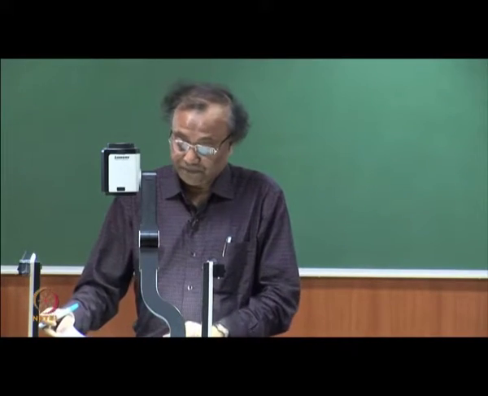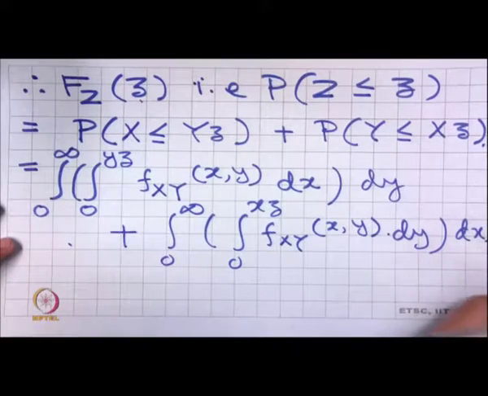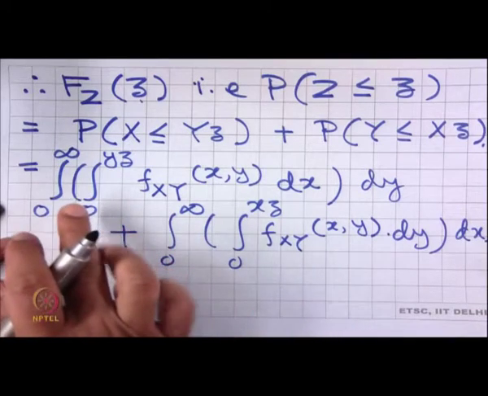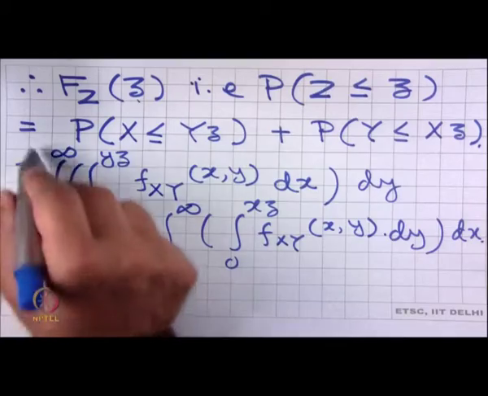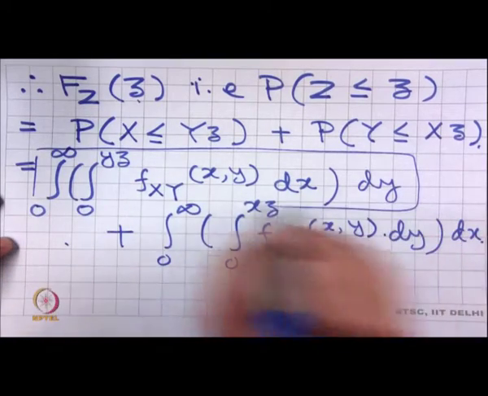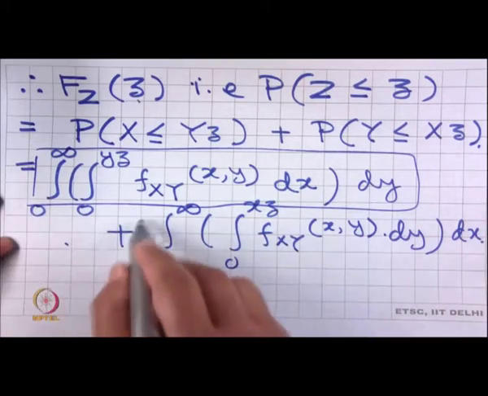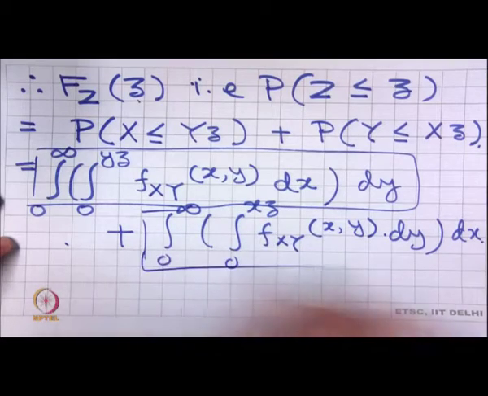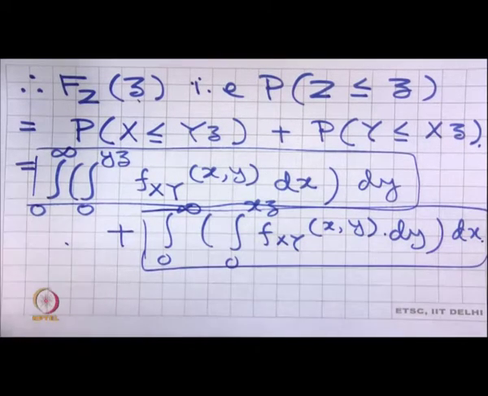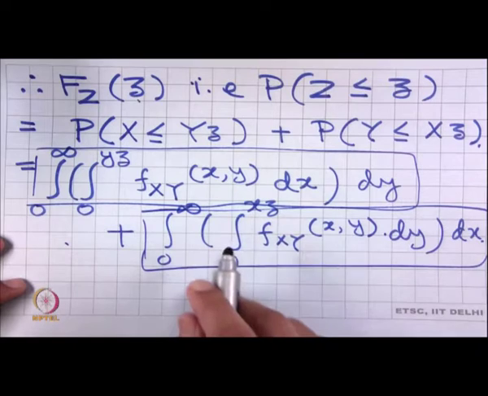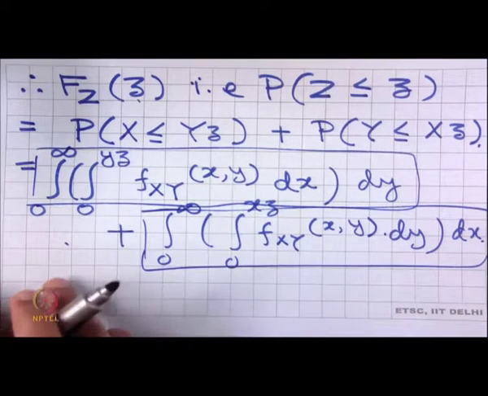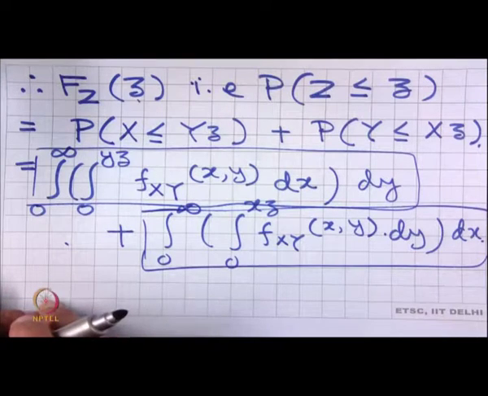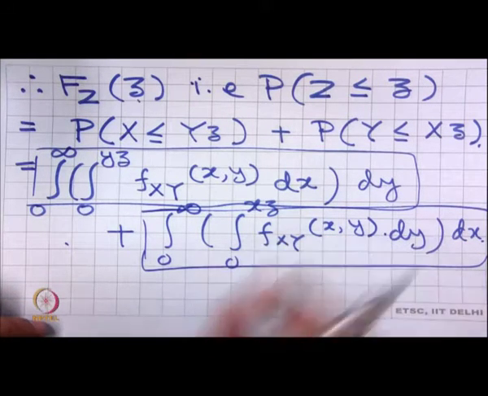If we look at the older expression, we had this as the first term and this as the second term. And if we watch carefully, we find that these two are basically the same thing, because this is independent.